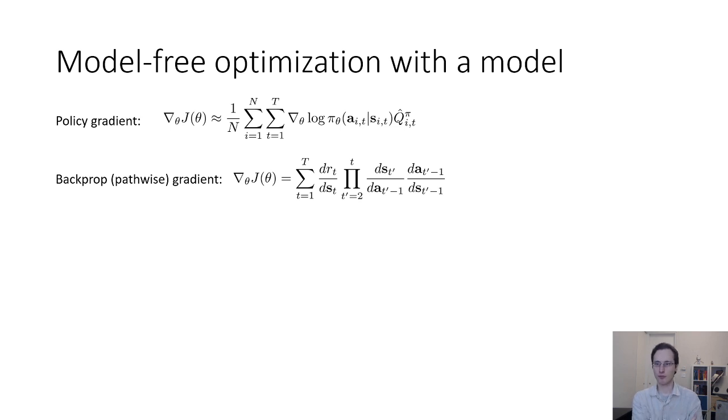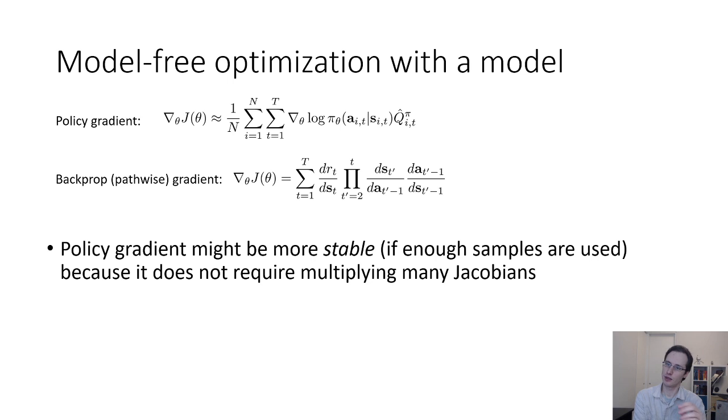Now, prior papers have recognized this, and they've actually studied how the policy gradient might be more stable if enough samples are used, because it doesn't require multiplying together lots and lots of Jacobians. The reason that the backpropagation method, the model-based RL version 2.0, is so difficult to use is because if you just look at the form of this gradient, you have this product over all the time steps.